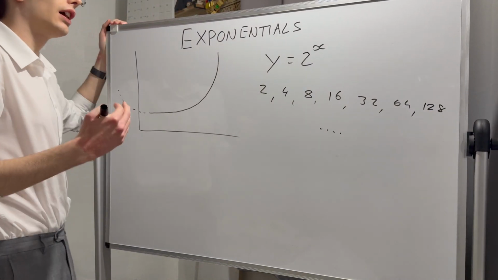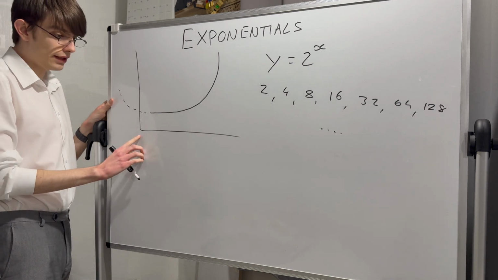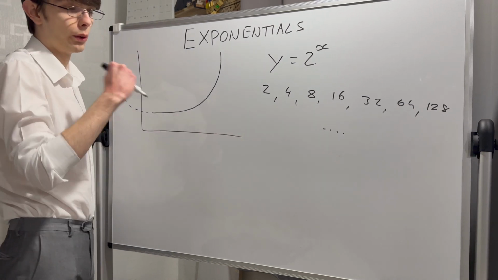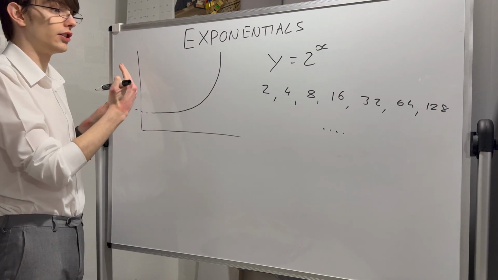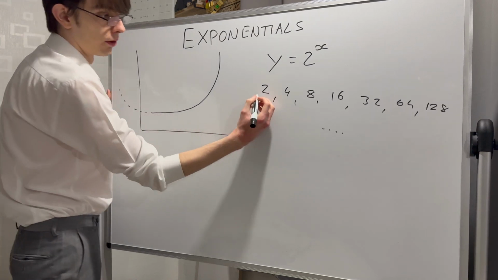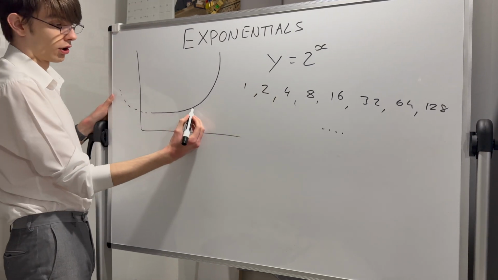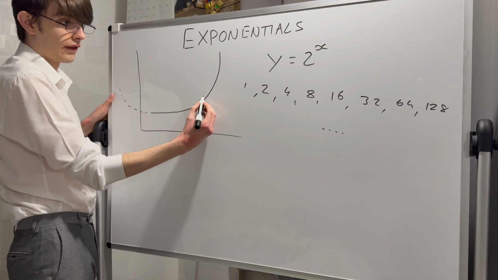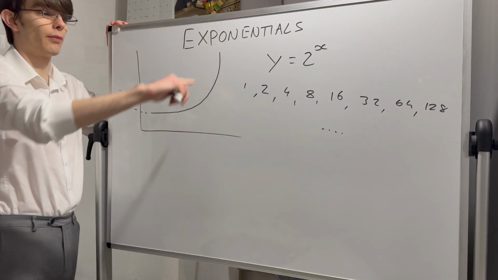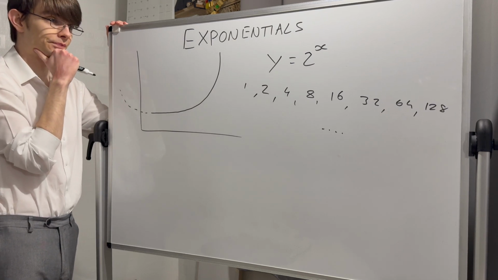It gets bigger and bigger every time. So even though my x values are increasing slowly, just by 1 each time, my y values are increasing much faster. Starting off at, I suppose here would be a 1, then a 2, then a 4, then an 8, 16, 32, 64, and it ends up looking something like this.